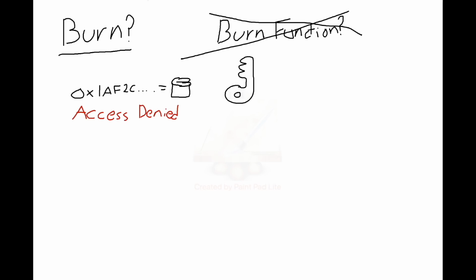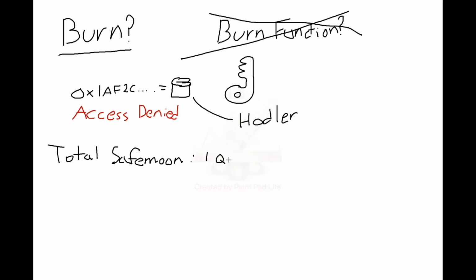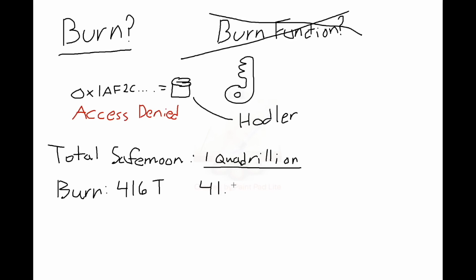But this burn wallet does count as a holder, so it also gets a share of the reflections, and this is critical. How much of a share? Right now, almost half. At the time of making this video, the burn wallet has 416 trillion tokens in it, which is 41.6% of the entire supply of 1 quadrillion Safemoon. A common misconception is that the more holders we have, the less reflections we receive. This is false.